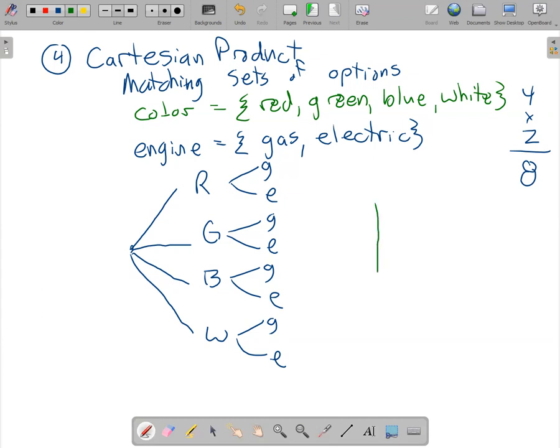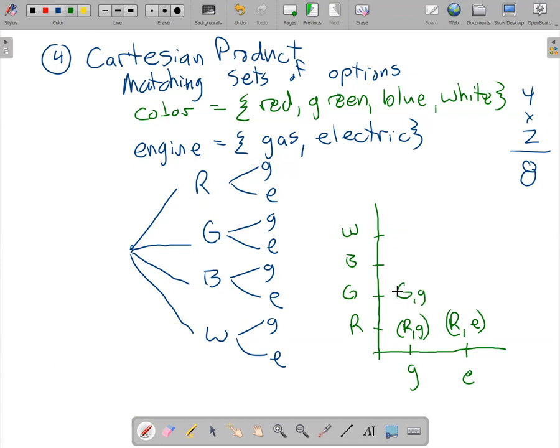Another way to graphically illustrate that idea of a Cartesian product is we could label colors here, red, green, blue, white, and we could label gas versus electric down here. Then we end up with these combinations: red gas, red electric, green gas, green electric, blue gas, blue electric.